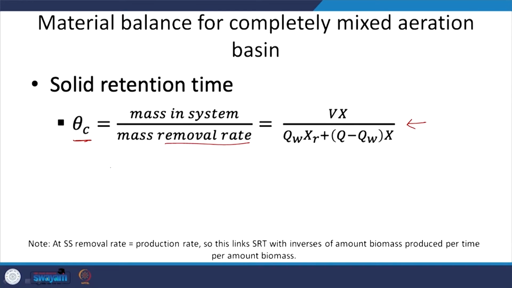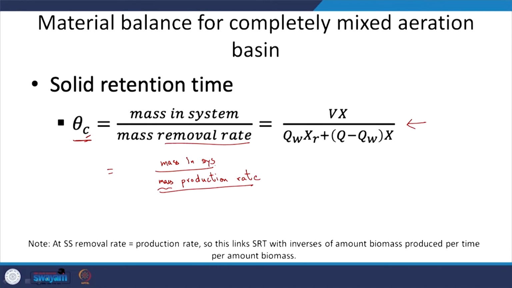For example, this can also be written as mass in system by mass removal rate and mass production rate. So, theta c, when I say mass it is of the microbes, please keep that in mind, when I say C, cell retention time or solids retention time. So, theta c is giving me an idea about biomass produced per time per the amount of biomass in the system.